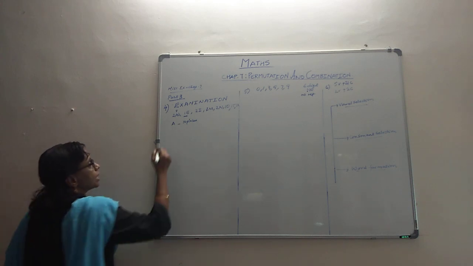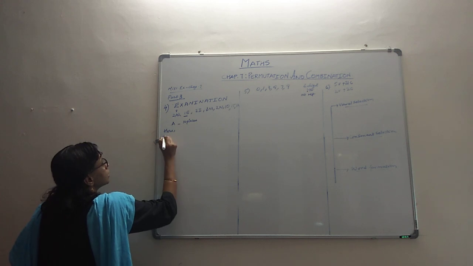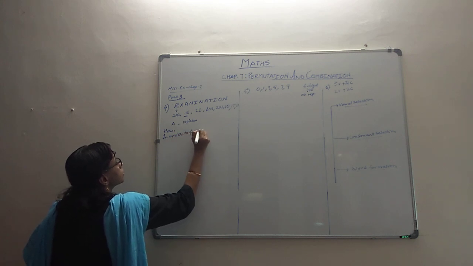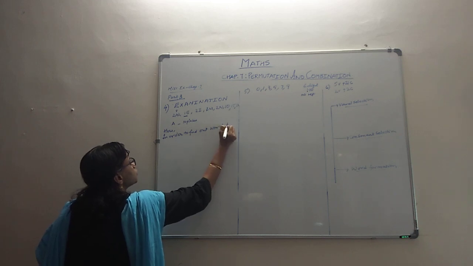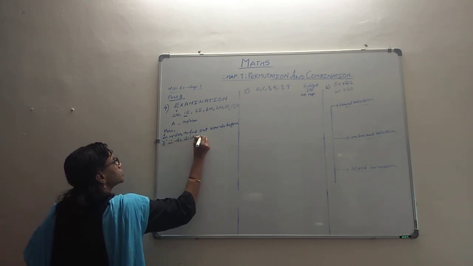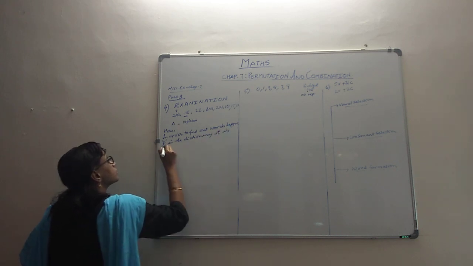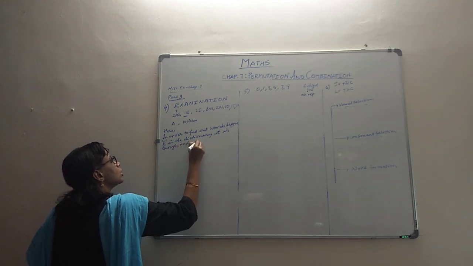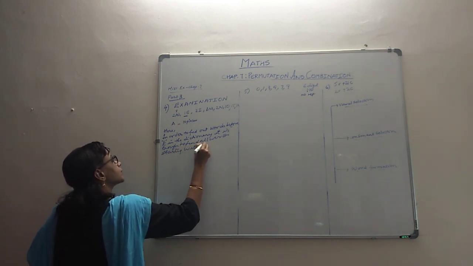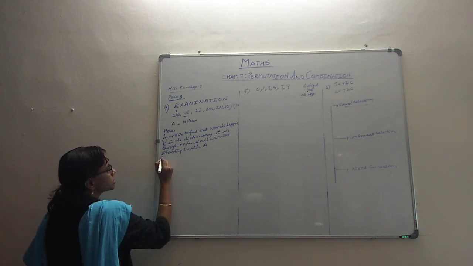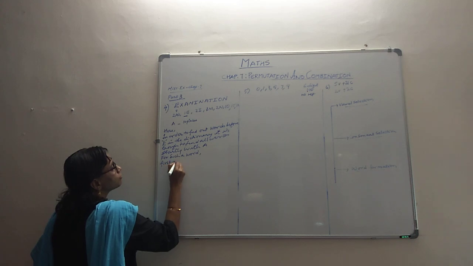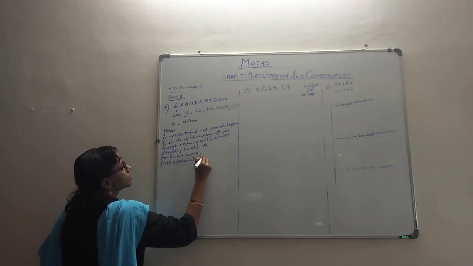So let's write it down. In order to find the words before E in the dictionary, it is enough to find all words starting with A. For such a word, the first alphabet A is fixed.